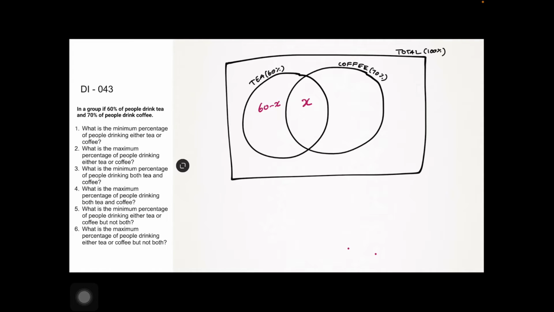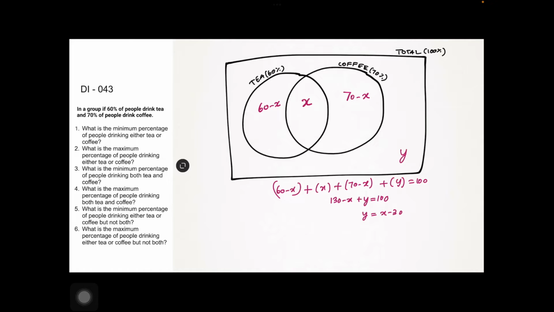Similarly, what is the number of people inside the coffee only region? The total coffee circle has 70% of people, out of which x percentage is inside the overlapping region. So the remaining people inside the coffee only region is 70 minus x. Now that we have 3 regions, the sum of these 3 regions plus the outside region should be equal to 100%.